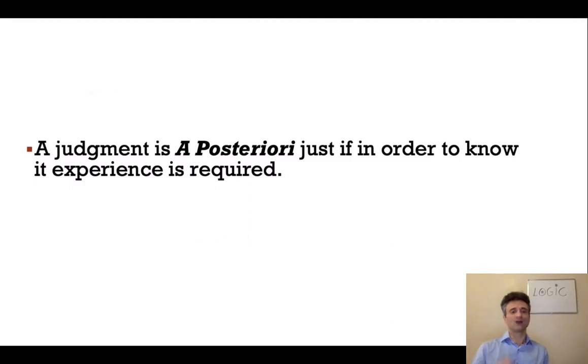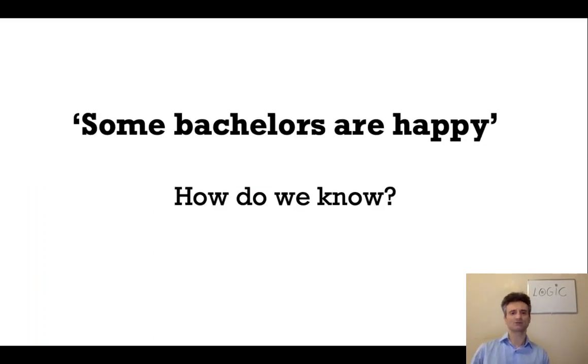Conversely, a judgment is known to be a posteriori just if, in order to know whether it's true or false, you need an experience. So, for example, if I say that some bachelors are happy, that's possibly true. Some bachelors in the world are happy. Well, actually, if you ask bachelors, they might say to you, we're all happy. But that's a bad joke. So bad joke aside, how do you know that some bachelors are happy?